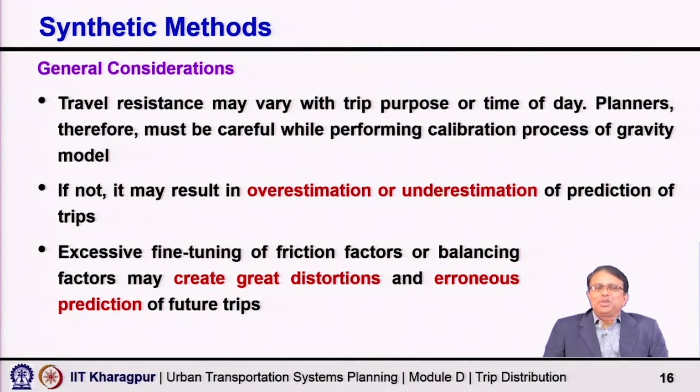But please do not do that. That is the advice, because if you are doing excessive fine tuning, you might be introducing a lot of distortion, and when you want to predict, you never know, you might have done so much distortion that you will incur much more error in prediction, right.